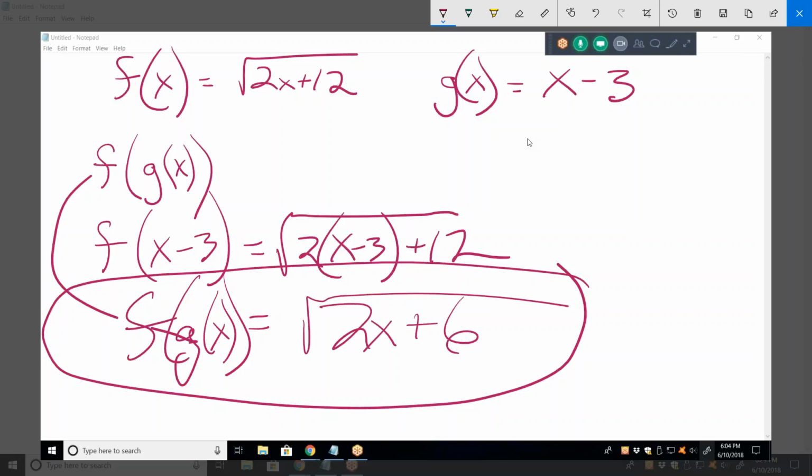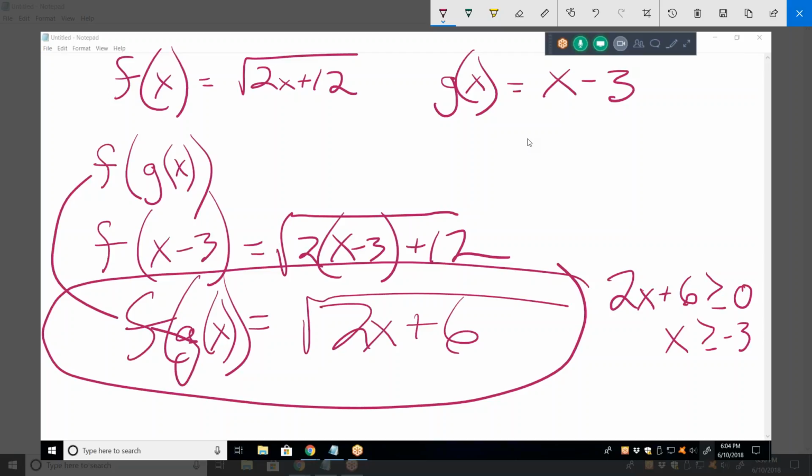Look at what would make it greater than or equal to 0. X doesn't have to be greater than 0. What is inside the radical sign has to be greater than or equal to 0. So x is greater than or equal to negative 3.